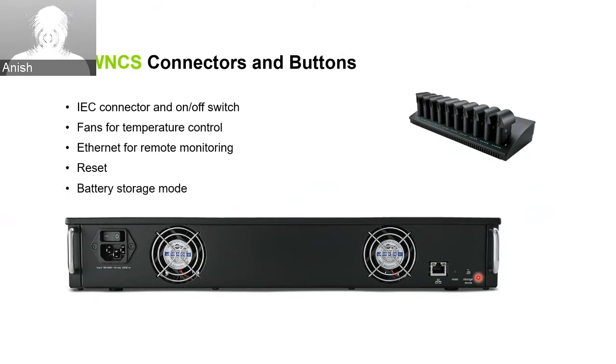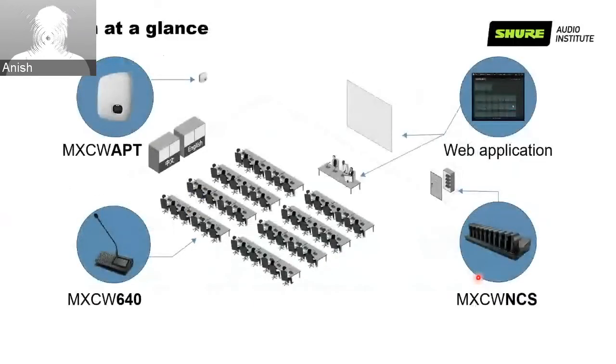Storage mode preserves the health of the battery when you are storing the system for a longer period of time. It will safely discharge and maintain the battery at about 3.8 volts, which is more effective for longer storing periods. So the system at a glance: the MXCW APT is the wireless transceiver unit, and you have the MXCW 640 for wireless conference units.